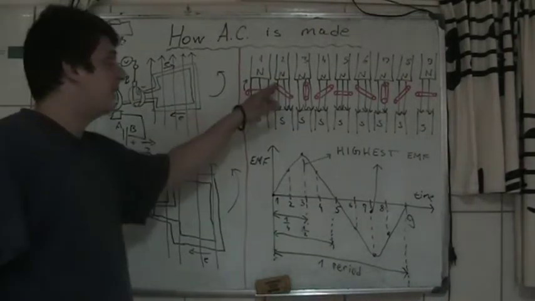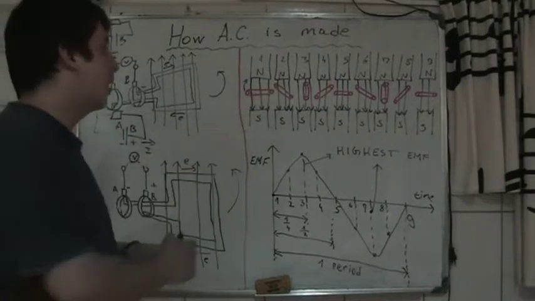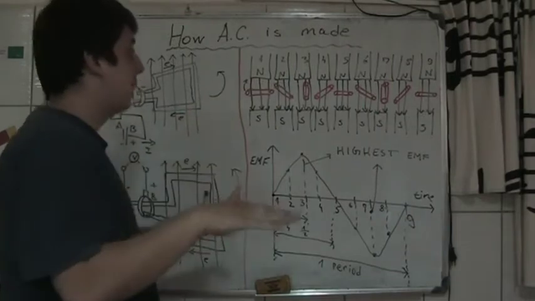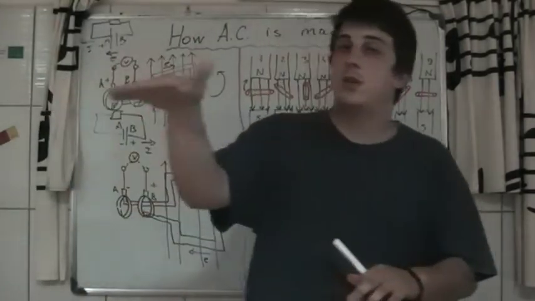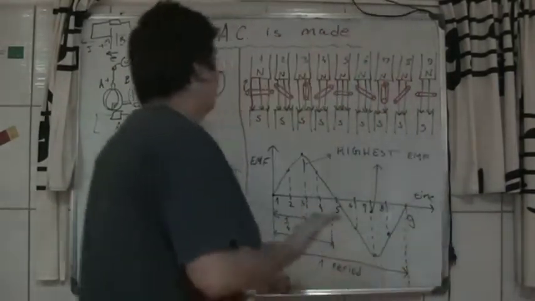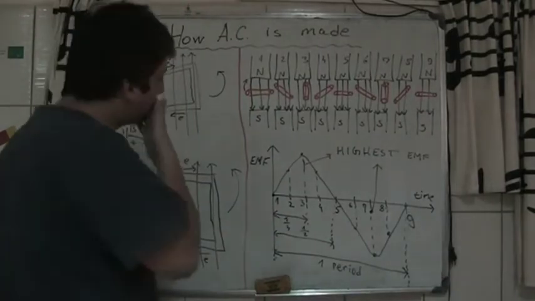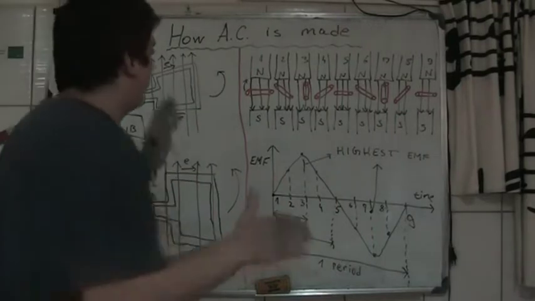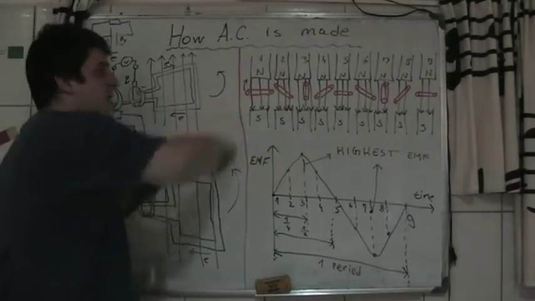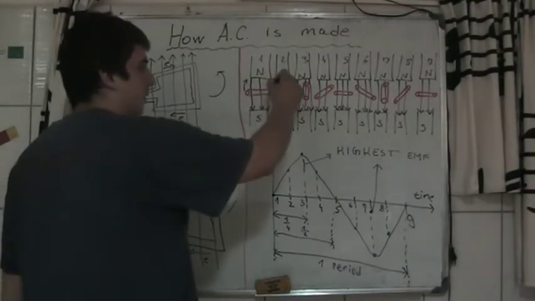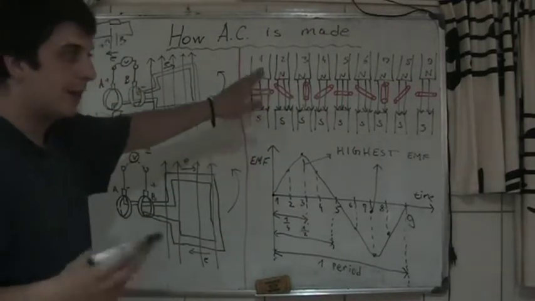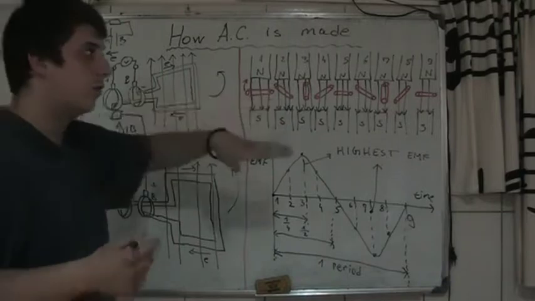Now this conductor is going to go in this direction. The thumb shows the direction of the movement, the velocity, which goes in this direction.